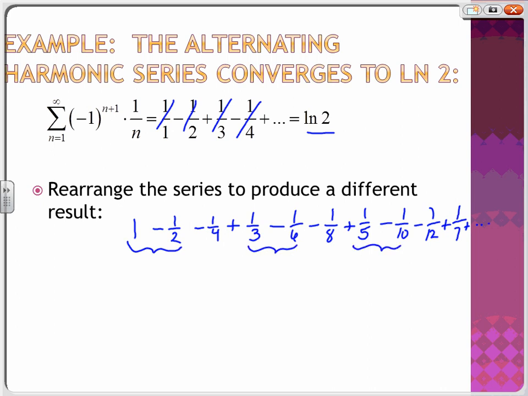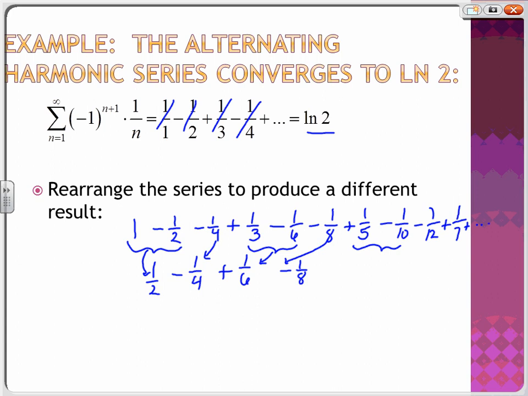etc. So I'm going to put these two together, and what's 1 minus 1/2 become? 1/2, and I still just had minus 1/4. Right? What's 1/3 minus 1/6? 1/6. And then I still have minus 1/8.